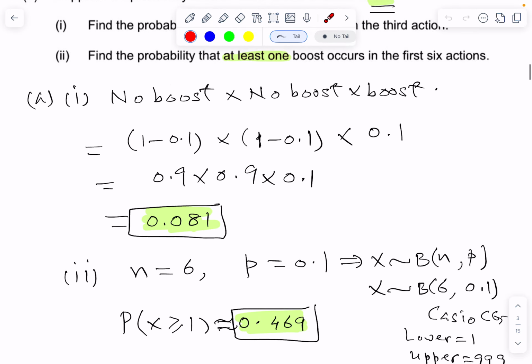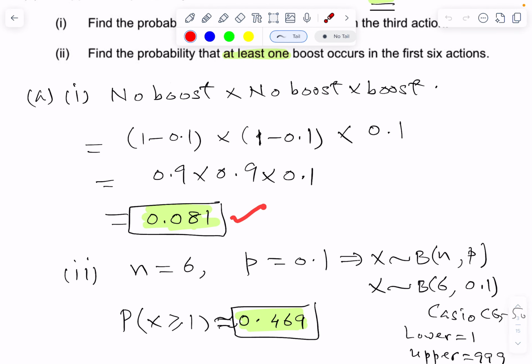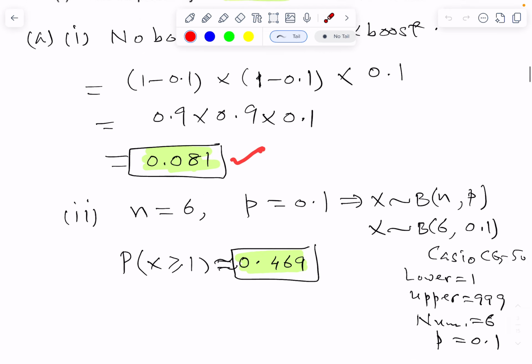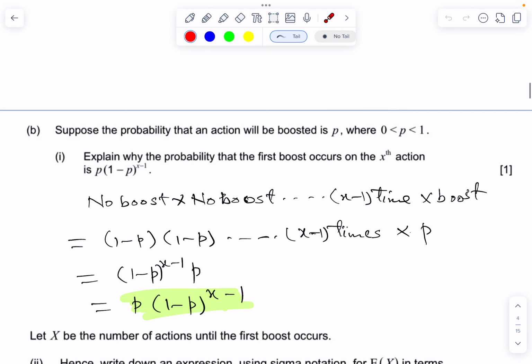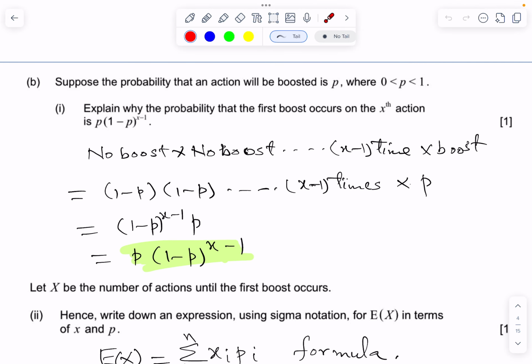So the part A answer was 0.81 for a boost in the third attempt, and the second one was at least one boost in 6 attempts.